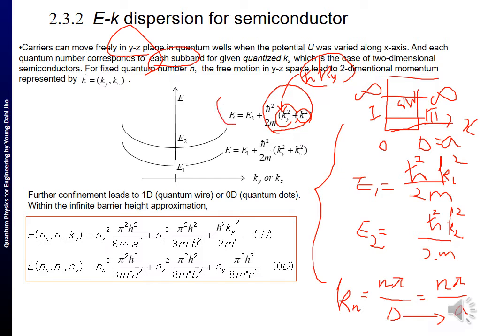So now the total energy in 3 dimensions, we need to add energy along the x-axis with energy in the yz plane. The energies E1, E2, we have separation. Okay. This axis could be ky or kz.